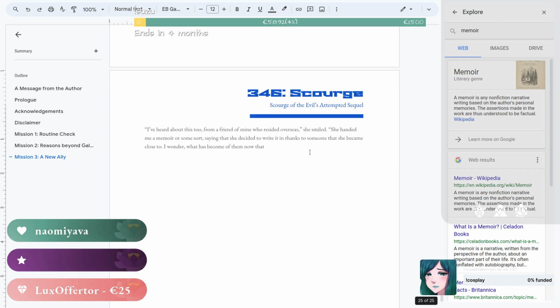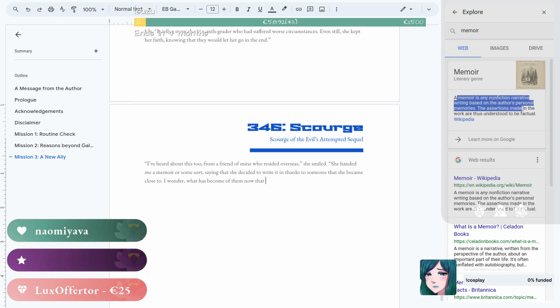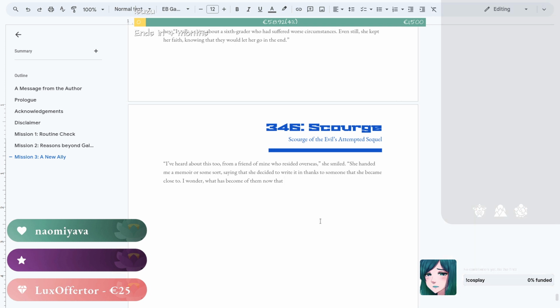Okay, so a memoir is a non-fiction narrative writing based on the author's personal memories. The assertions made in the work are therefore understood to be factual. Okay, so this is a great word.